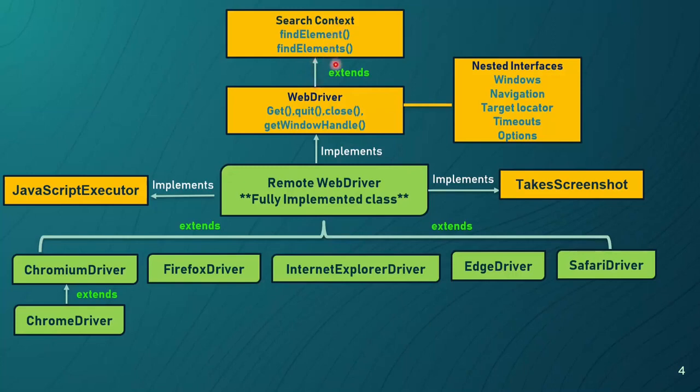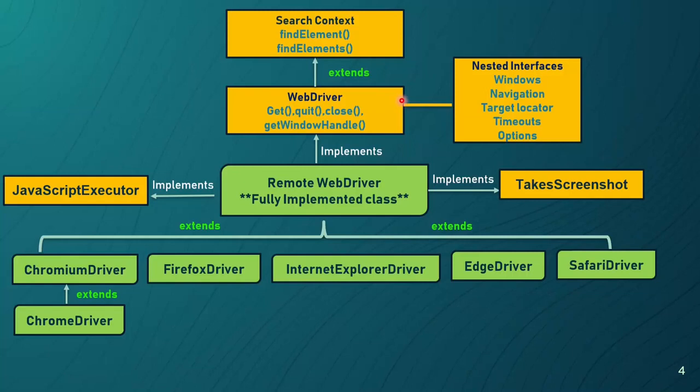This means it contains the abstract methods find element and find elements, and apart from this, it also has other methods like get, quit, close, get window handles, and many others. All these are abstract methods that have only a body and no implementation. These are the topmost root interfaces.